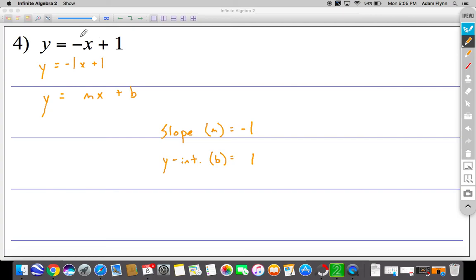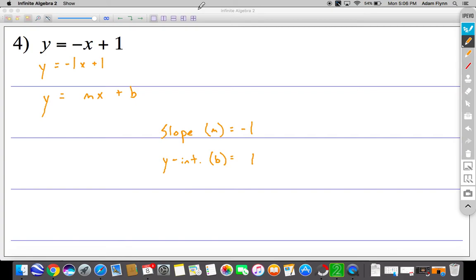Okay, so when there appears to be no number in front of this x, let's say there's just a negative sign, that's the same thing as multiplying that x by -1. So our slope would be -1. Let's say there were no negative sign in front and we just had y equals x plus 1. Well, that's the same thing as multiplying times 1, so 1x. So our slope would actually be +1.